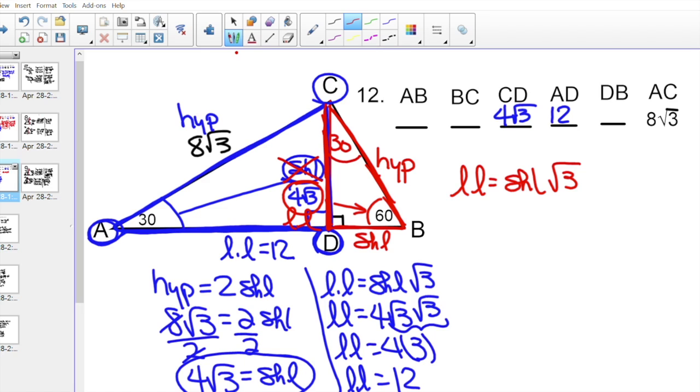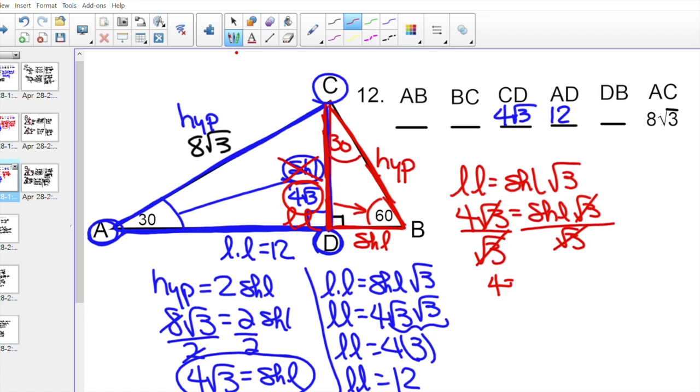Now the longer leg is 4 on the square root of 3. If you divide by the square root of 3 on this side, he cancels. Well, what you do to one side, you've got to do to the other, and that cancels. So 4 would be the shorter leg.